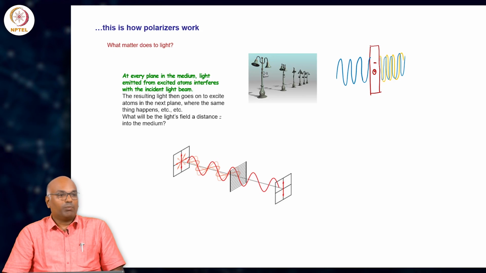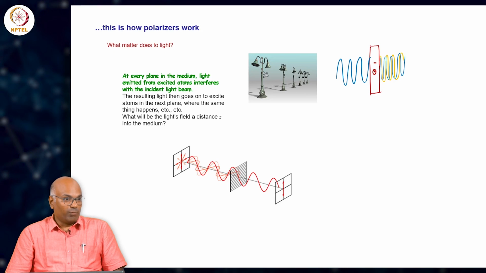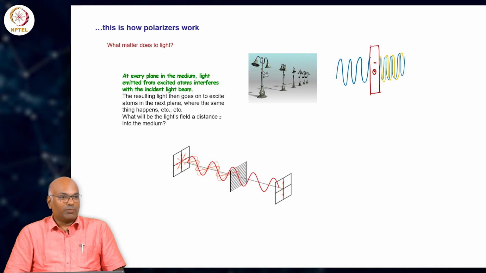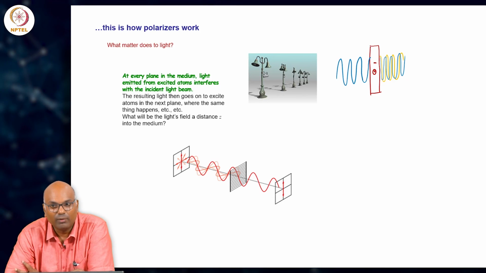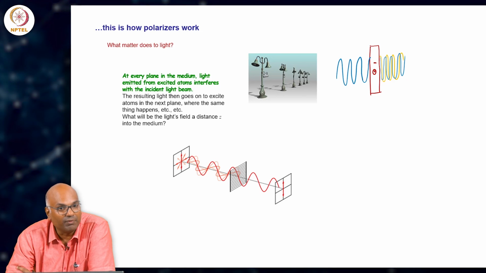The point is, imagine an infinite steady state wave interacting with a medium. Do not think of a pulse, do not think of transients, think of steady state. So, what then would happen is that a field is set up everywhere.